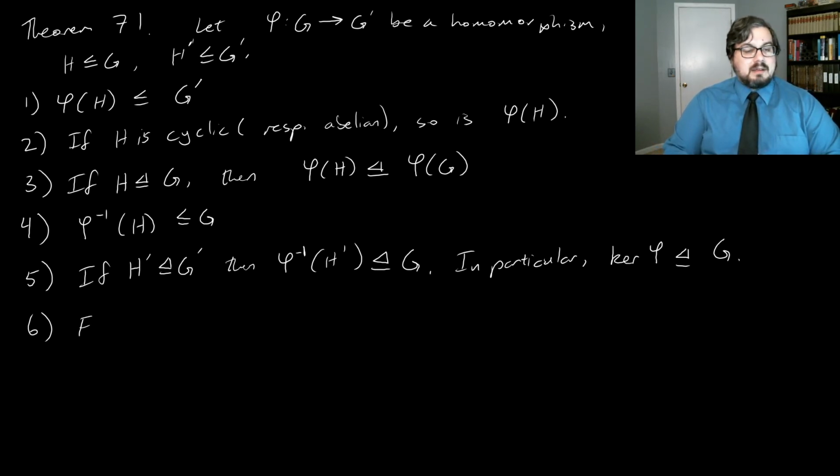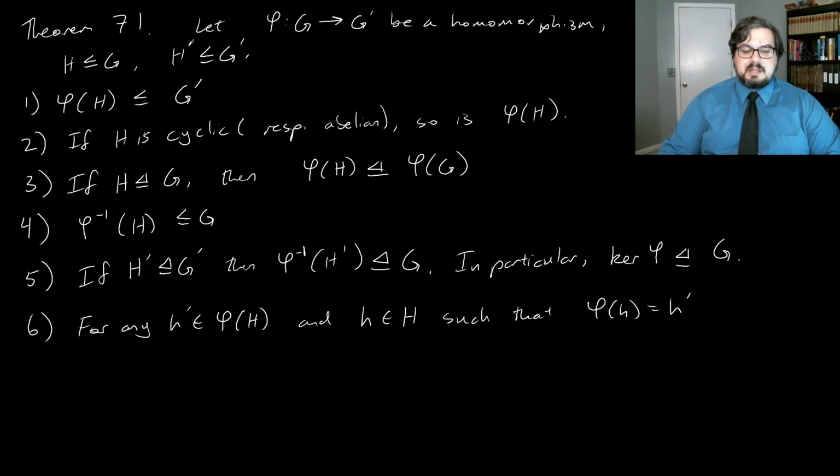For any H prime in phi of H and h in H such that phi of h equals H prime, we have that phi inverse of the singleton H prime is equal to h times the kernel of phi.